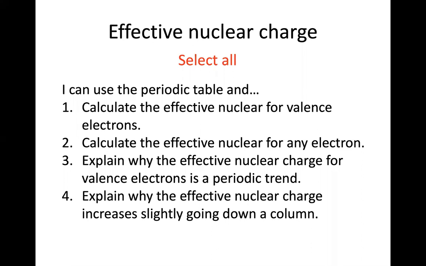What's being shielded is that we initially have a certain amount of positive charge in the nucleus, and it's not like we're somehow making the protons vanish. But from the perspective of an electron that's outside of that, if there are other electrons between the nucleus and that outermost electron, it's diminishing somewhat the positive charge that outer electron is experiencing.